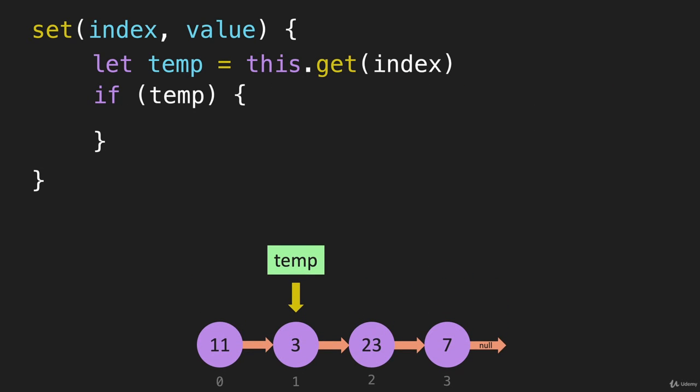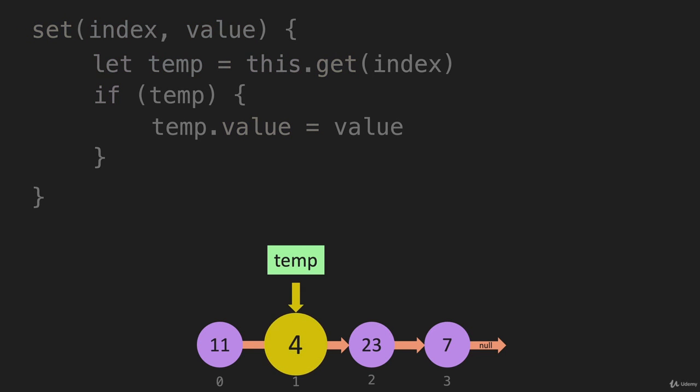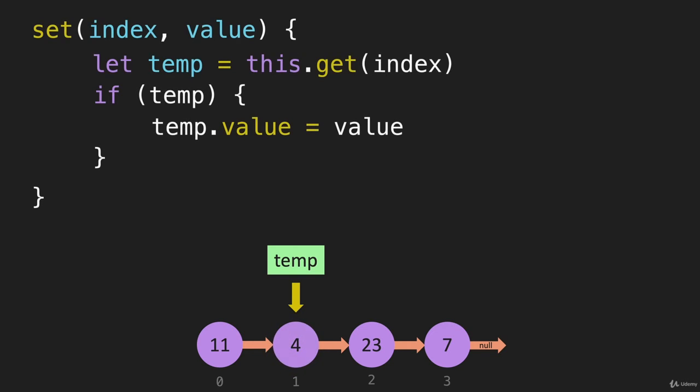We'll just say if temp. And this is true if temp is pointing to a node. And then we say temp.value equals the value that we passed to the set method. In this case, we had this equal to 4, and that changes that 3 to a 4. But there's one other thing we have to do inside this if statement.